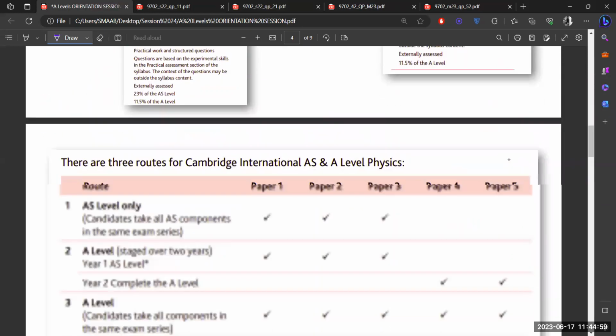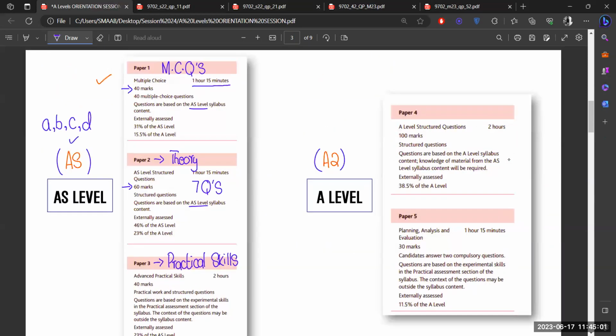Now moving towards A2, and one more thing. AS is the most important year because there are 3 papers, and you know that your result is going to be compiled from your 2 years.